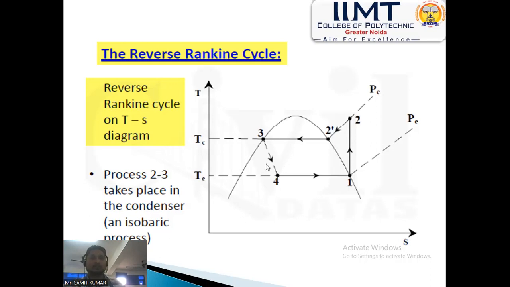The throttling valve decreases both pressure and temperature simultaneously and improves the performance of the system and cycle. Also, 2 to 3 takes place in the condenser at constant pressure. The complete condenser process is done at constant pressure.